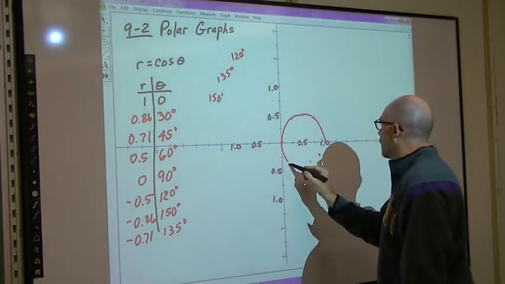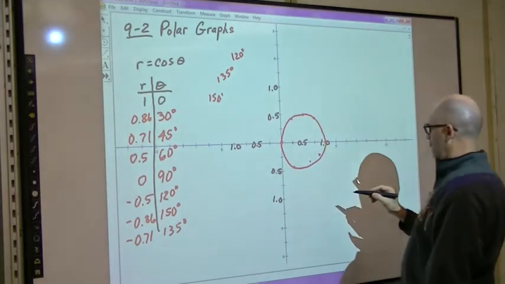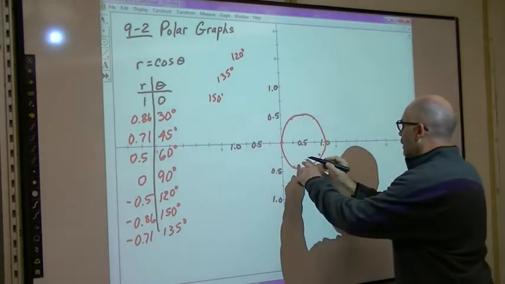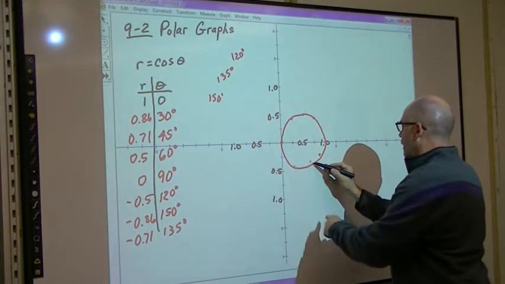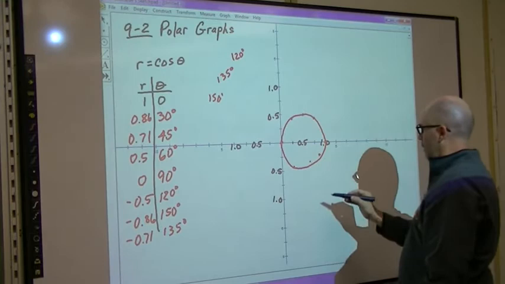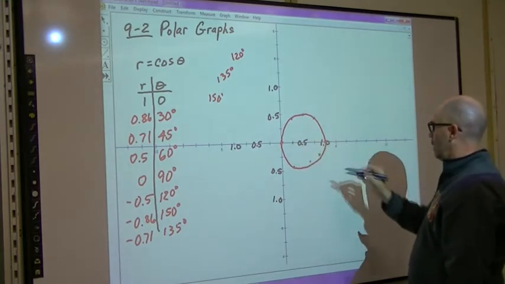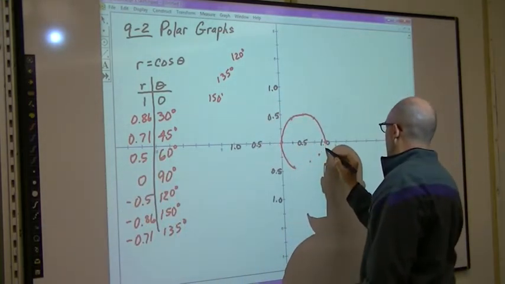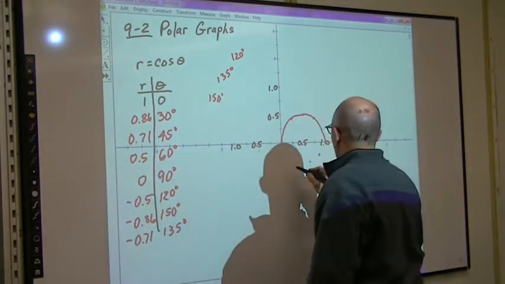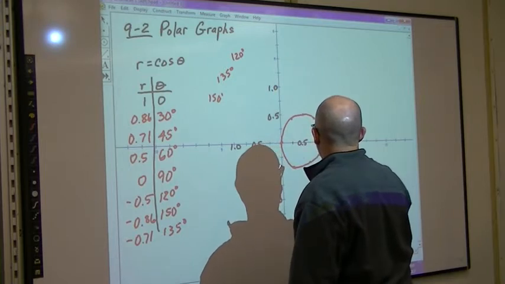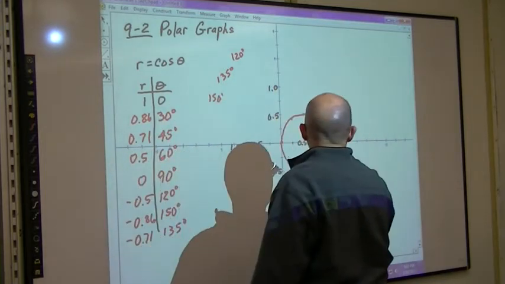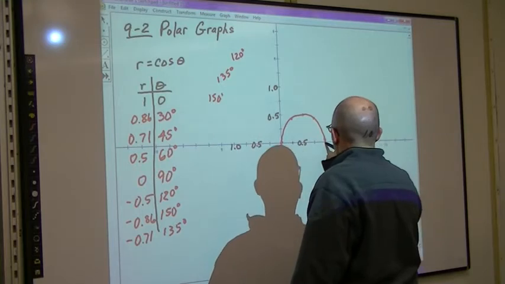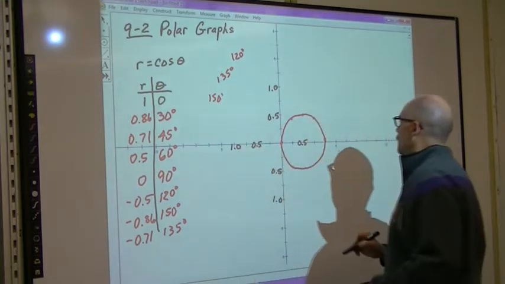This will end up being a circle that looks like this.